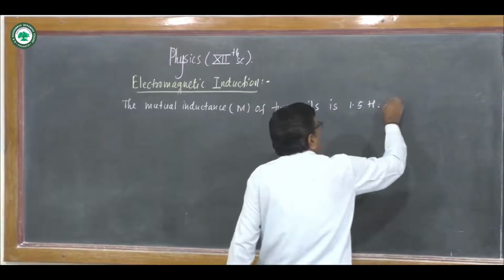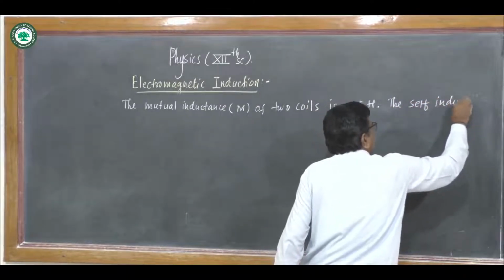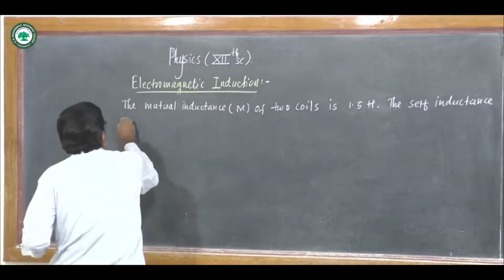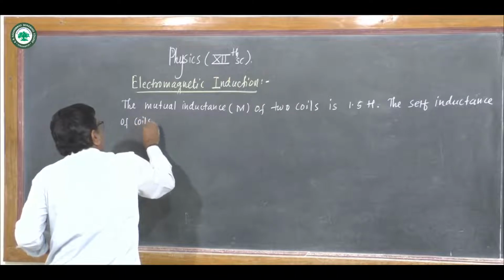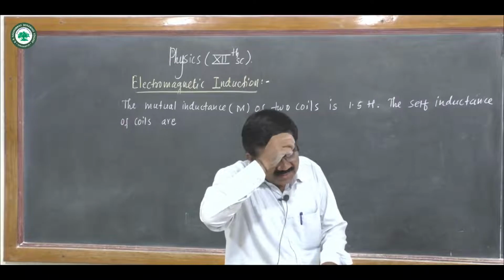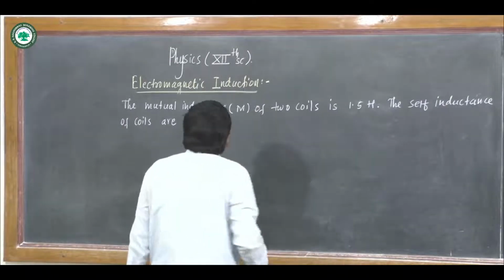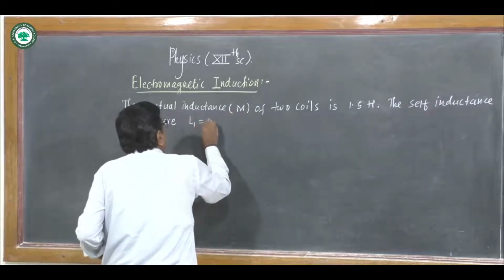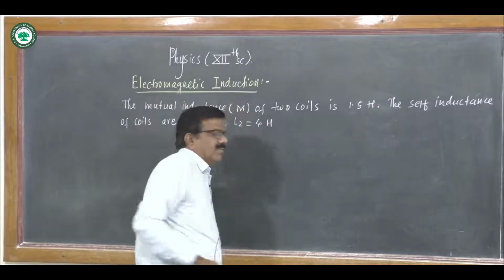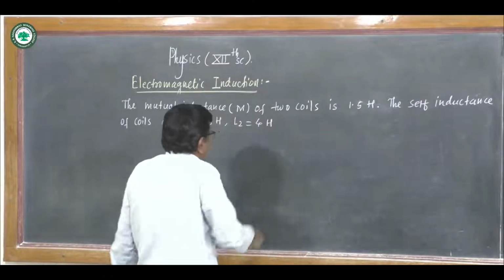The self inductances of the two coils are L1 is 5 Henry and L2 is 4 Henry. These are the self inductances. Find the coefficient of coupling between the coils.